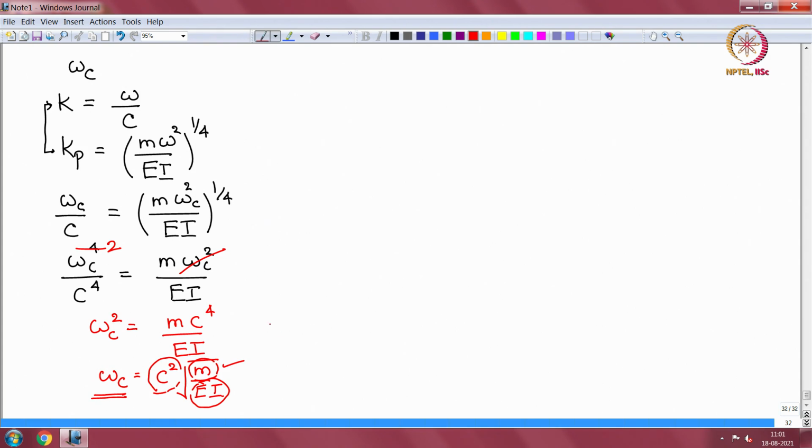Accordingly, let me just write it here, kc, the wave number at coincidence, is omega c by c, and therefore it is equal to c times the square root of m by EI. Okay. So, I thought I should just repeat this part over here.